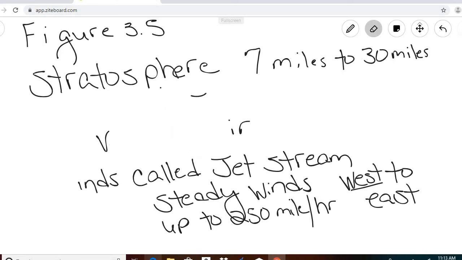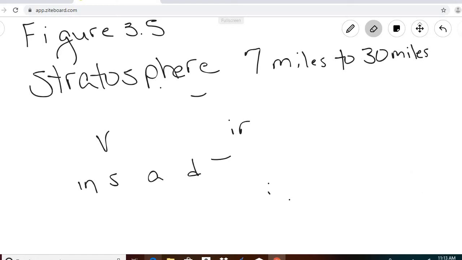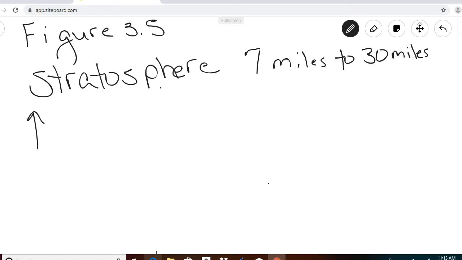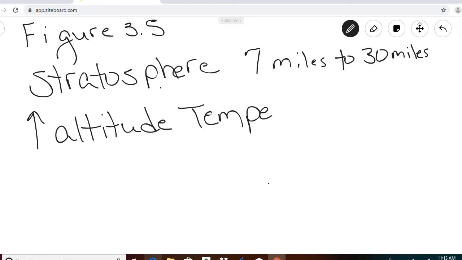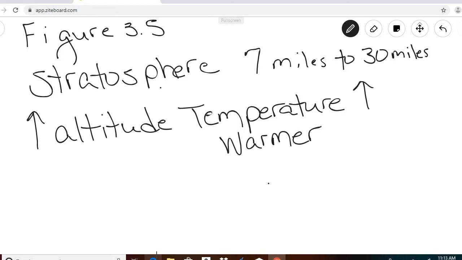Okay, so the thing that is different in the stratosphere is that as you go to increasing altitude, the temperature decreases. So with increasing altitude, you actually see, I'm sorry, I said it decreases. The temperature actually increases. So it gets warmer as you go to higher altitudes.